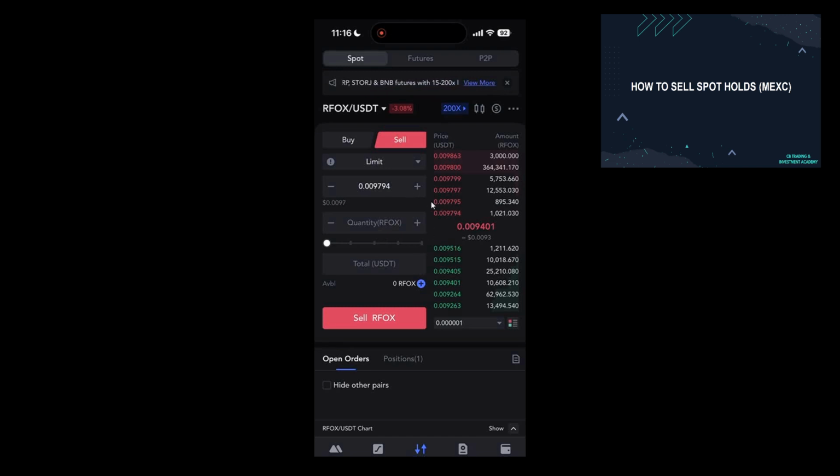So then your order will get filled below this. So let's make it 93. So always check on the market what the spread is on a coin.